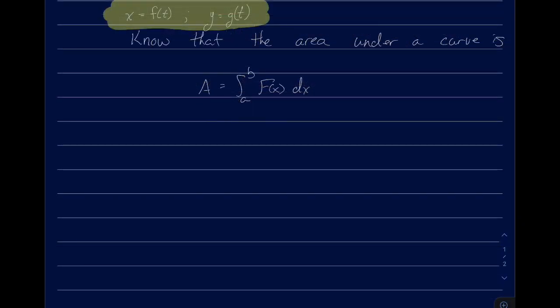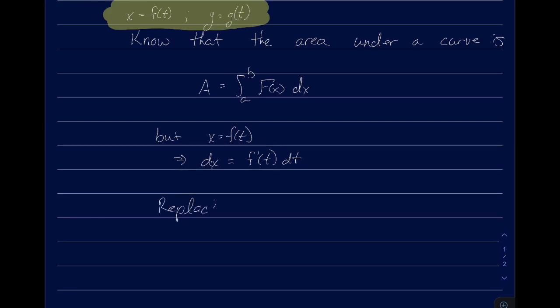So now let's find the area under the curve. Well, we know that in terms of x and y, the area is the integral from x equals a to x equals b of f of x dx. But x is equal to f of t. So that tells us that dx is equal to f prime of t dt.